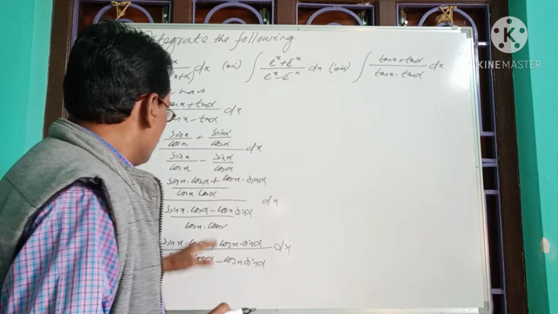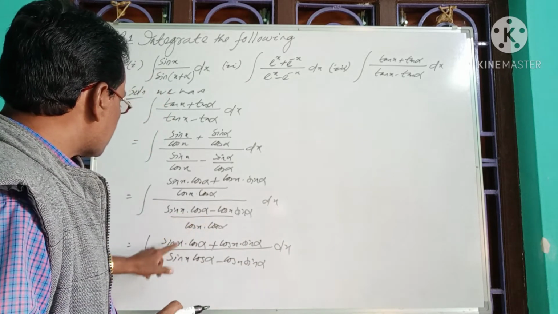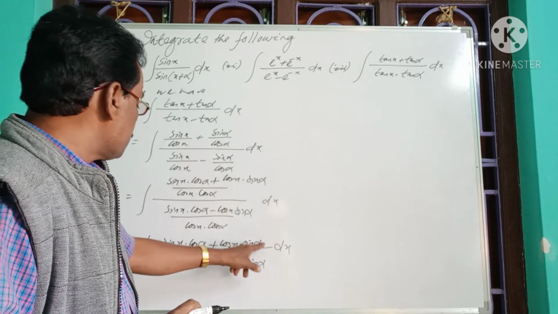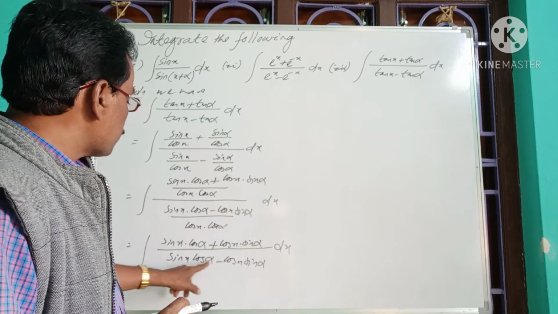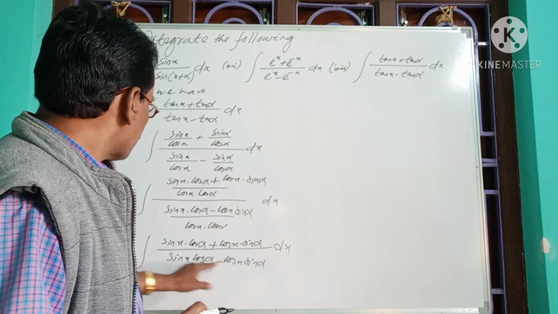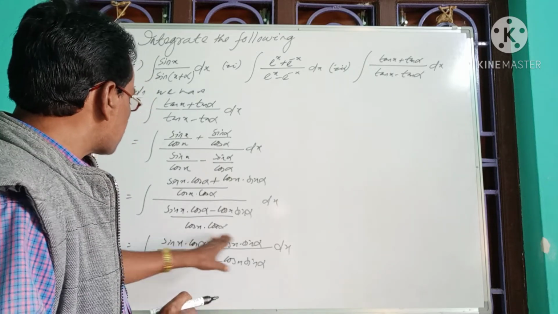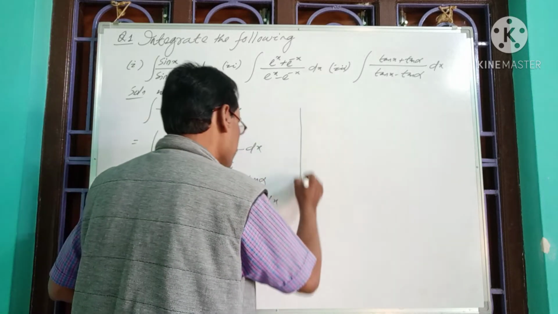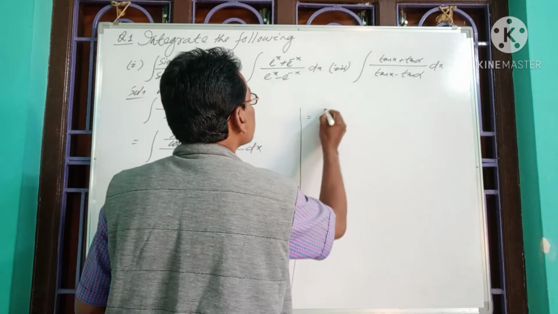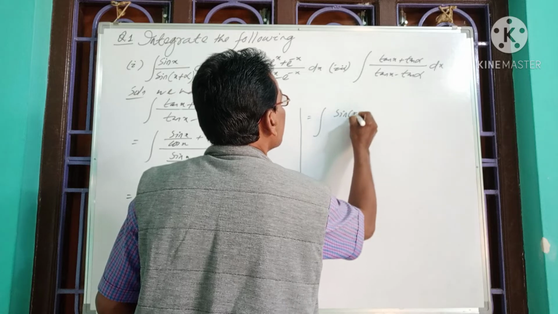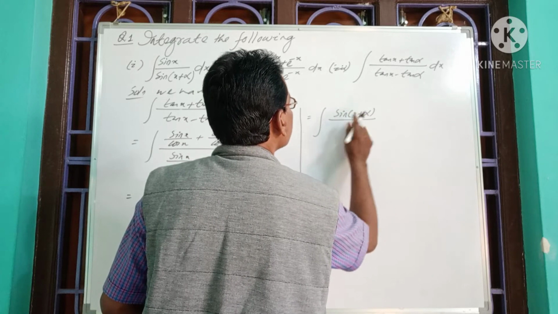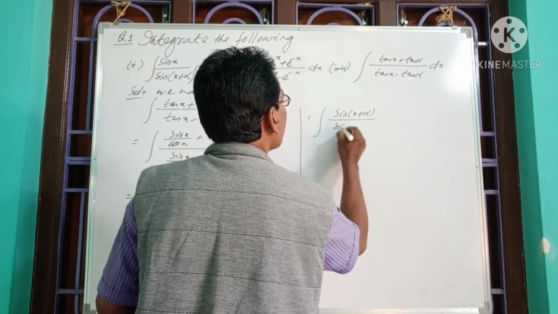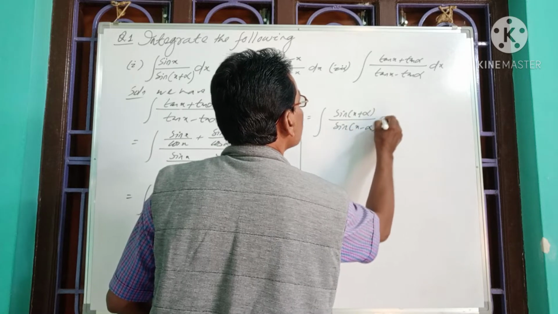Now in the numerator we have sin a cos b plus cos a sin b, and in the denominator sin a cos b minus cos a sin b. So the numerator is sin of x plus alpha, and the denominator is sin of x minus alpha. So transforming, we have integration of sin of x plus alpha by sin of x minus alpha with respect to x.